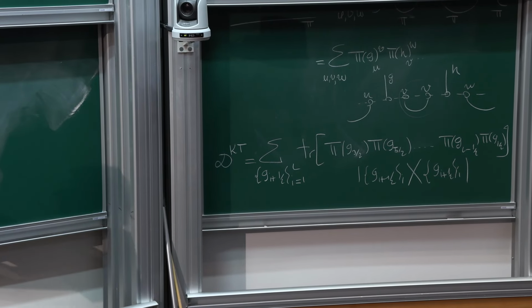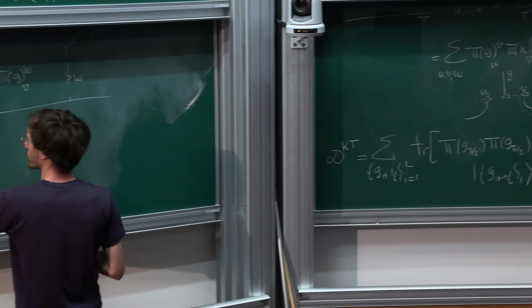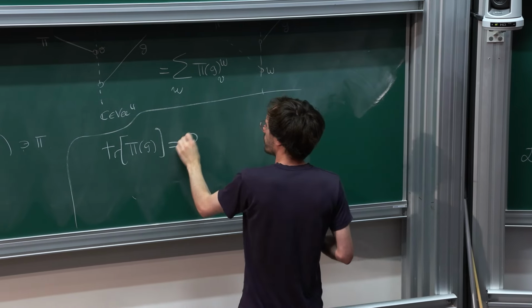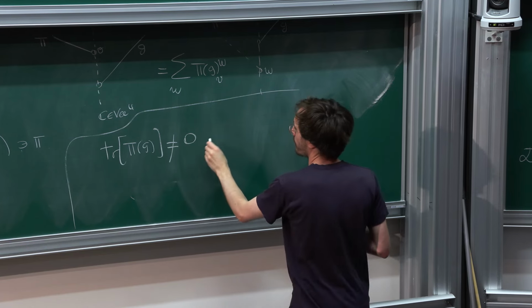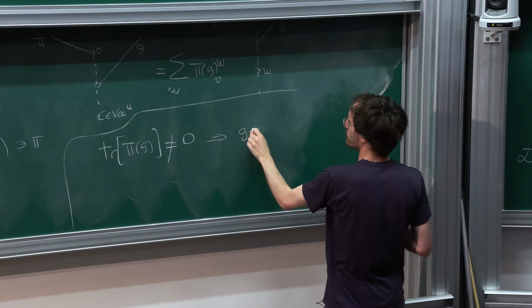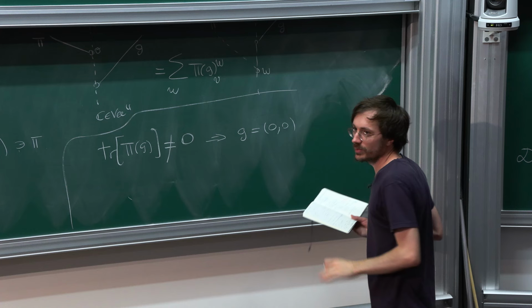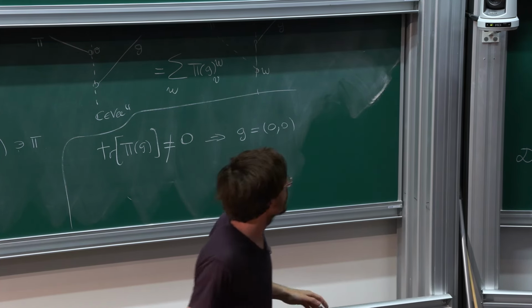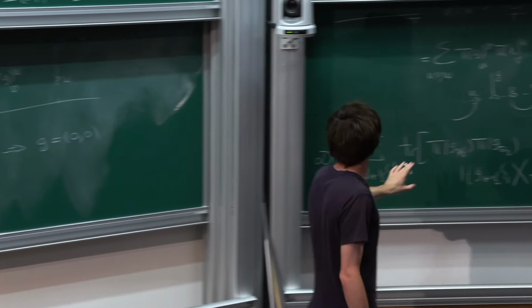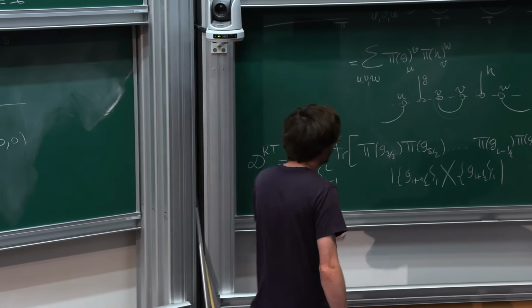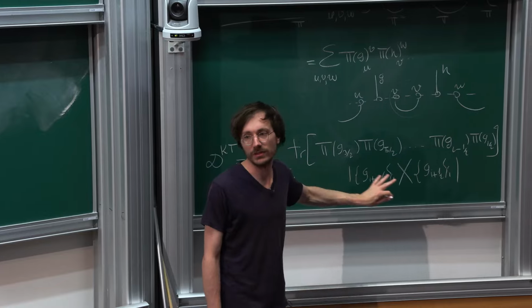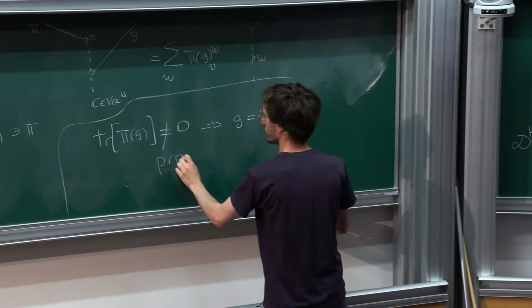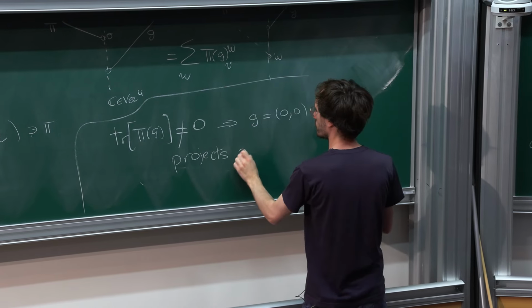But, by definition of the projective representation of D2, the only way for this trace to be non-zero is if the product of the group elements must be the identity. What it means is that this operator projects onto the even sector. So it projects onto the even sector. So this is why it's non-invertible.